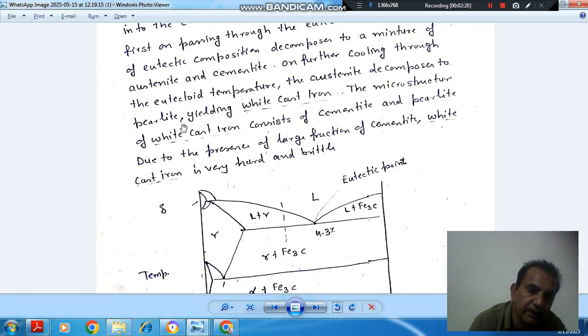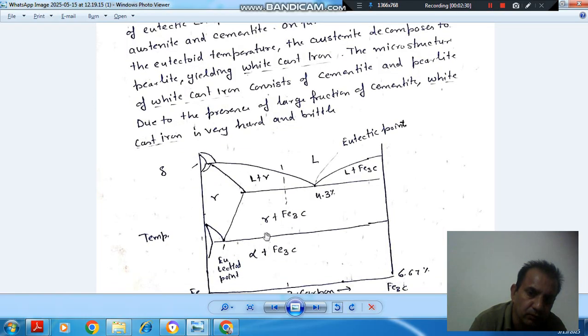Pearlite is nothing but alpha and Fe3C, alternate layers of ferrite and cementite. So austenite will decompose into pearlite. Pearlite means alpha and Fe3C.